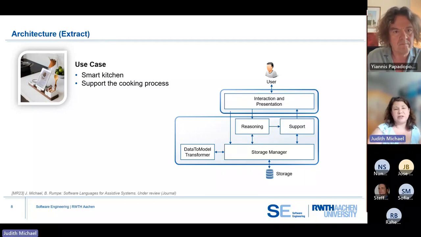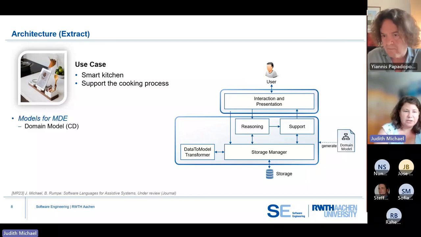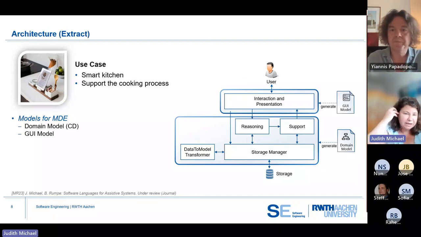In the architecture that we realized, which is here only shown in part, we have different kinds of models which are used to realize it. In the generation of the application, we're working with the domain model for the data models and providing information for the backend of the application, like the data storage itself, as well as the communication interfaces between backend and frontend of the application.